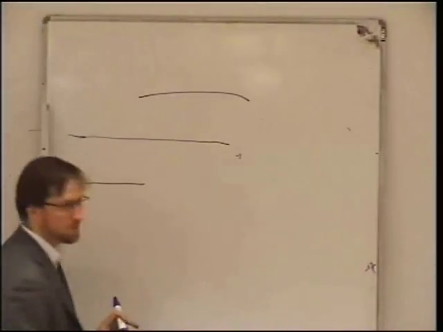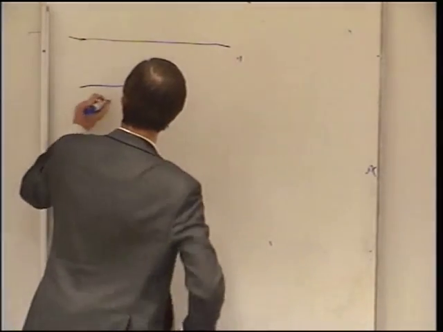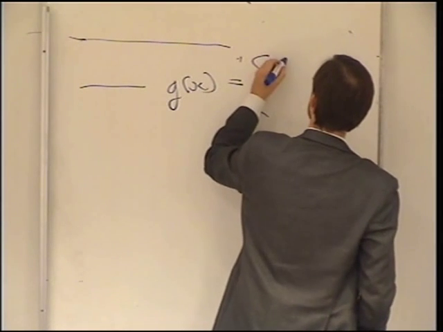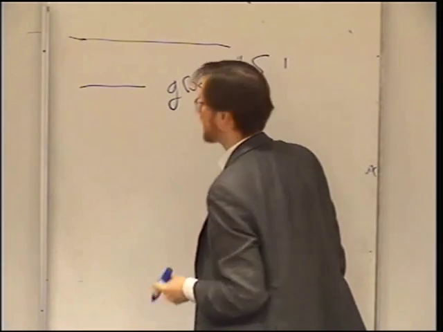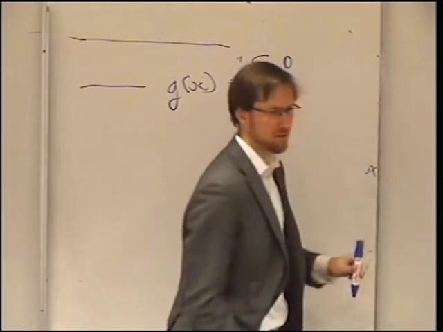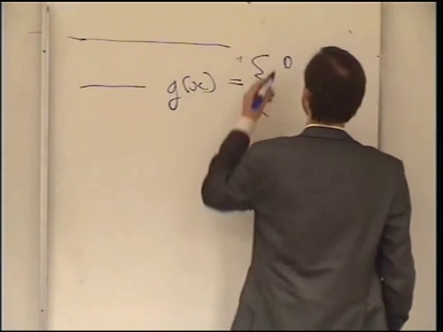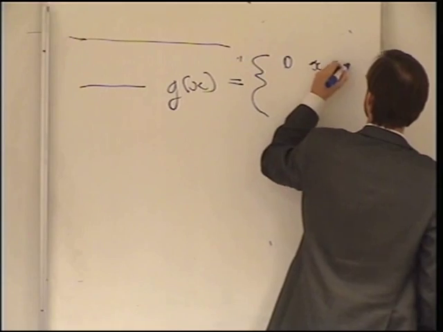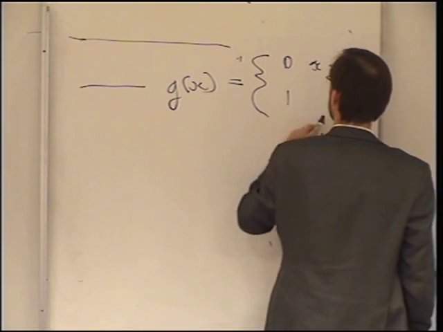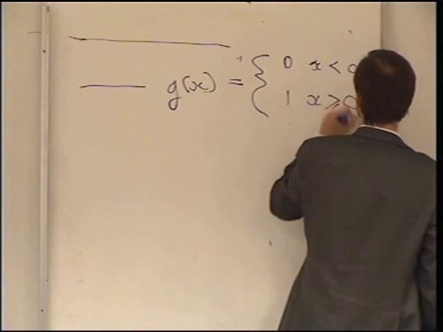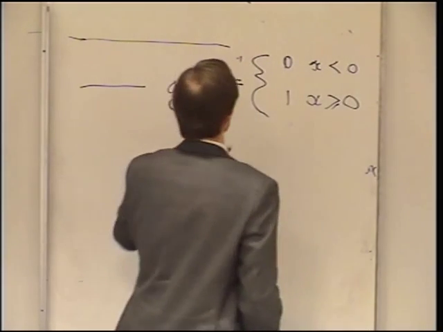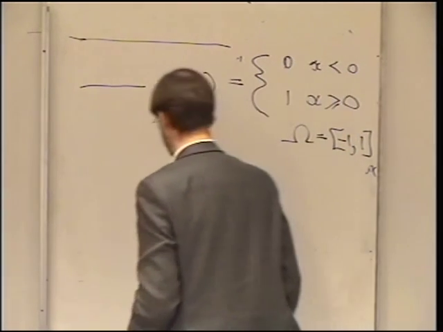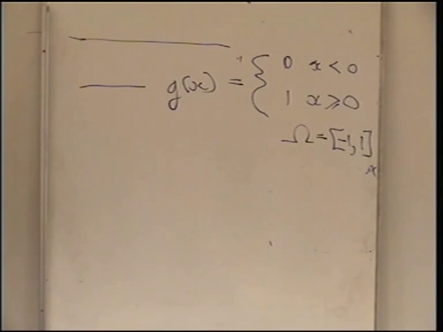So let's step through the same steps and say g of x is equal to the function which is 1, or let's make our life really easy. Let's make it 0, because then we'll get the answer that the person in the corner is looking for. If I make that so it's 0 for x less than 0, and 1 for x greater than or equal to 0, and we will make our domain omega equal to -1, 1 again. So we're going to do exactly the same trick.